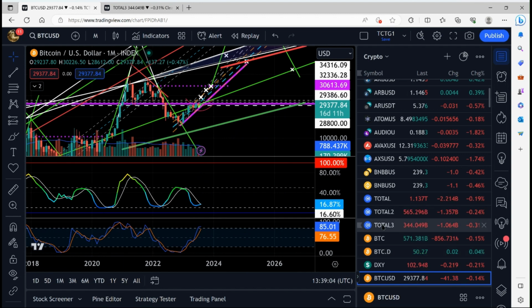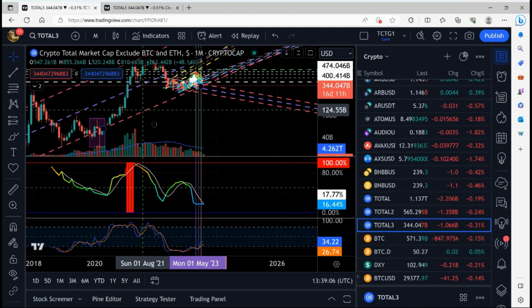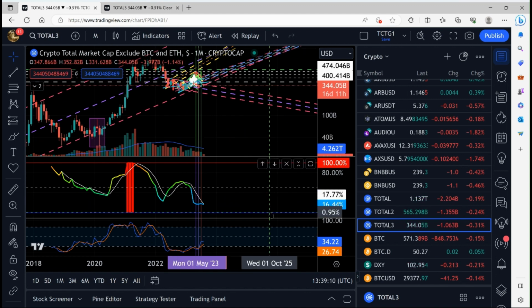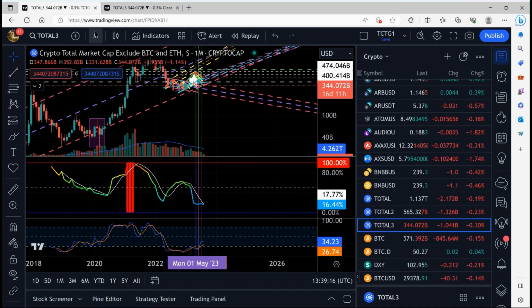I want to go over the total three first. I'll show the volatility here on the total three, because what happened in the market hasn't really changed that month. You can see on the monthly here, we are at 16.4%, very similar to Bitcoin.